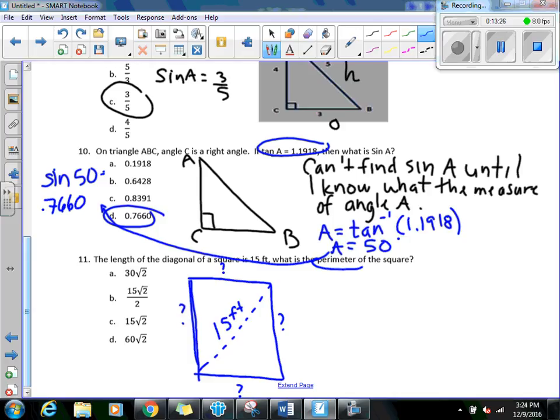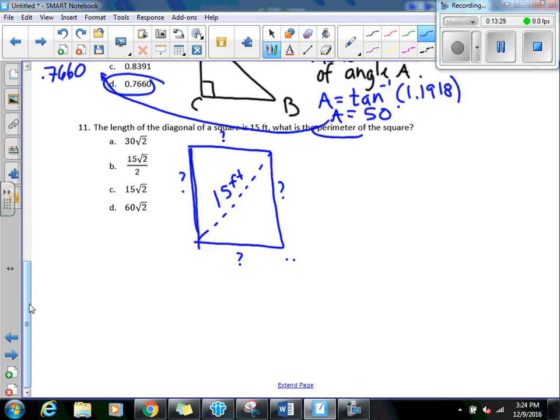So I'm going to extend my page so I can have some more space to write. And I'm going to just pull that out and separate out one of the triangles. Now, one thing that's important to remember on a square is that the diagonals bisect each other. So that means that this 90-degree angle here has been cut in half to 45.